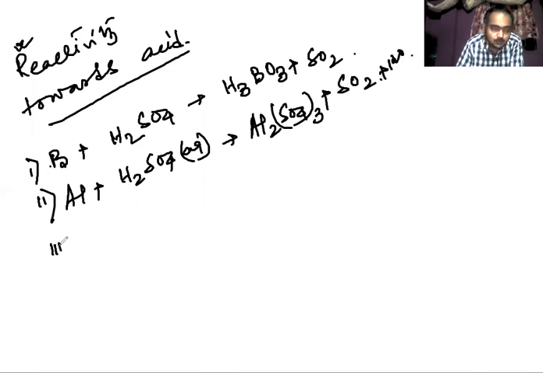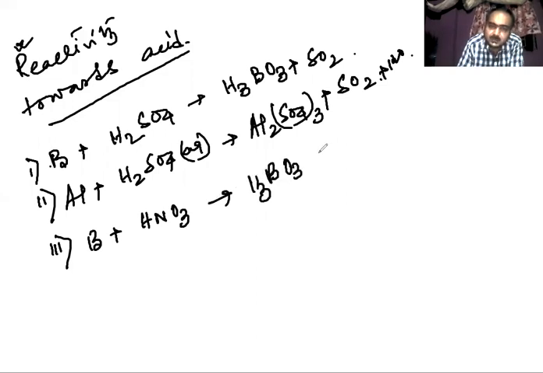Now here boron also reacts with HNO3, B plus HNO3. This will also produce H3BO3 plus NO2. What happens?